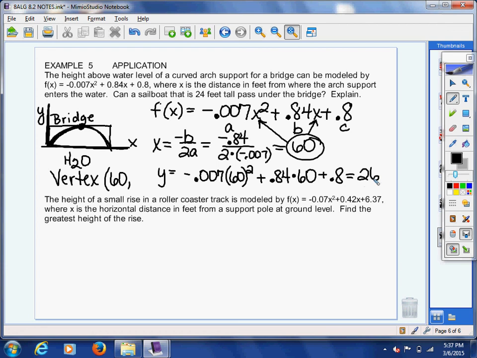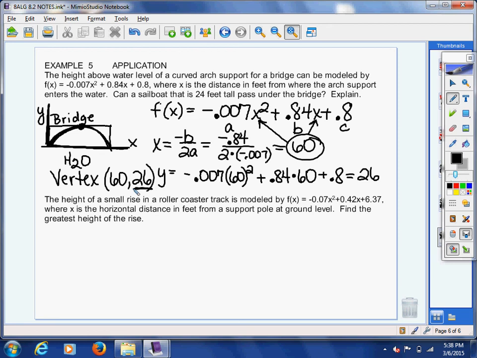The number you are most interested in for the height of that bridge is the y, because y is how tall that bridge is above the water. So the height of the bridge is 26 feet tall. Can that sailboat safely pass under a 26-foot bridge at its peak if it is itself 24 feet tall?